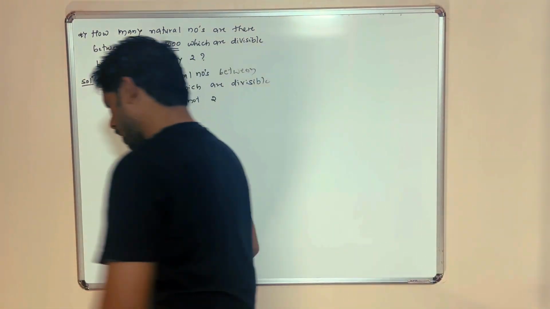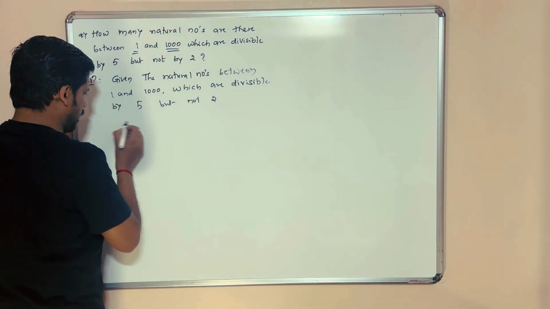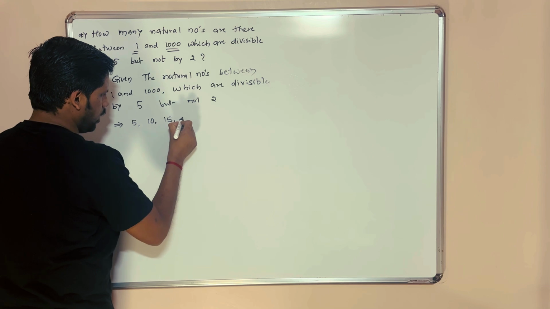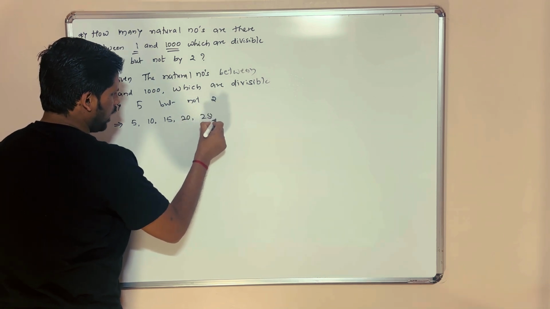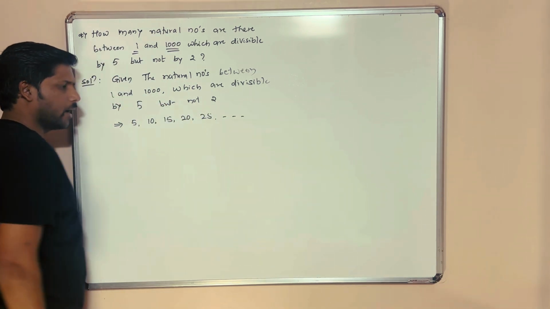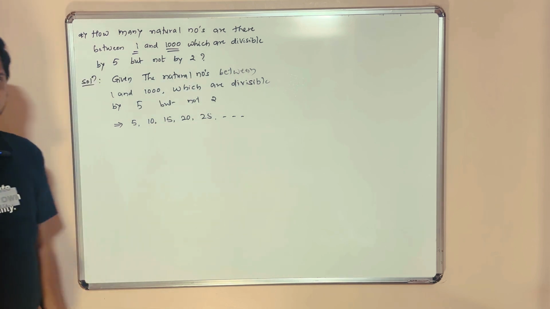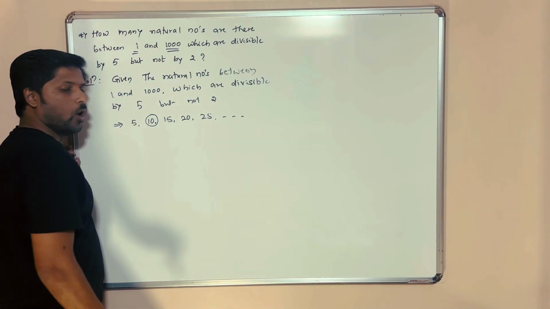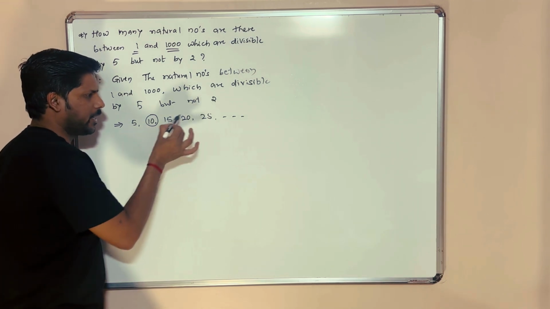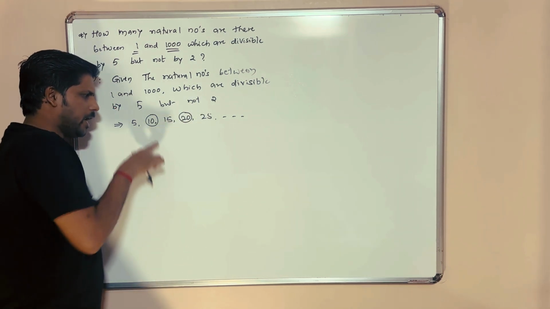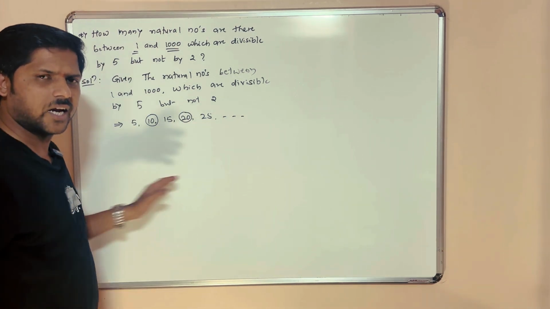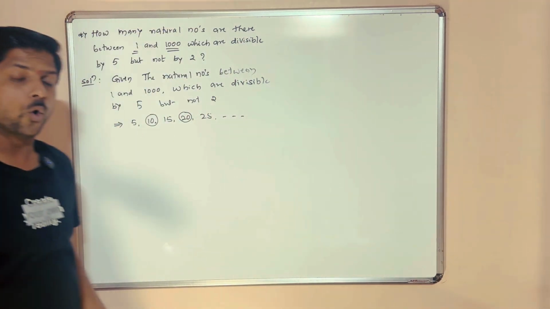For example, here I am going to write the multiples of 5, that is 5, 10, 15, 20, 25 and so on. In these multiples of 5, we have some numbers which are divisible by 2 also. We have to remove those. 10 is also divisible by 2, 20 is also divisible by 2, and 30 is also divisible by 2.